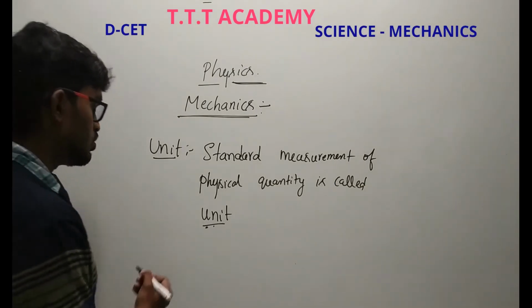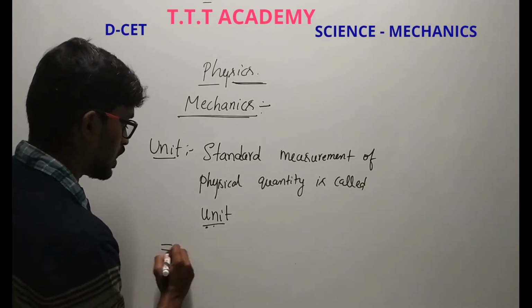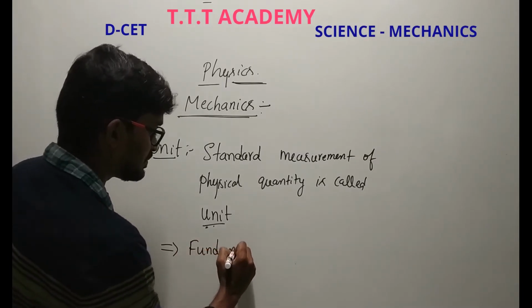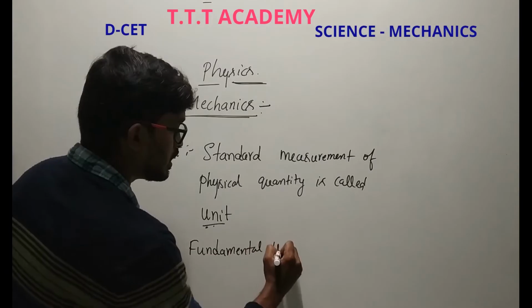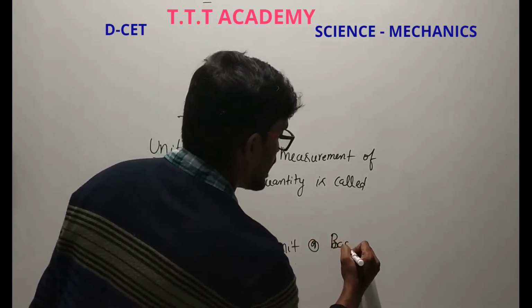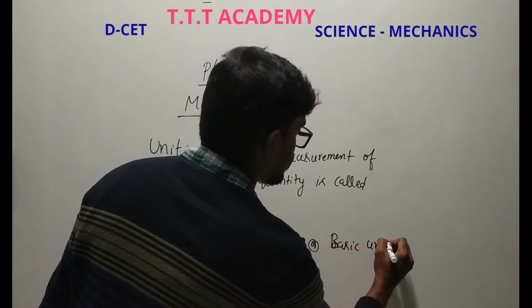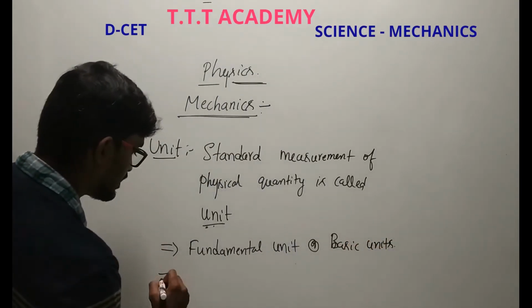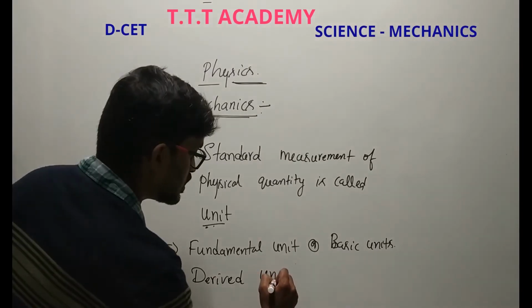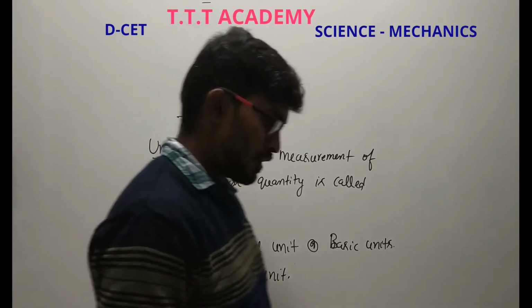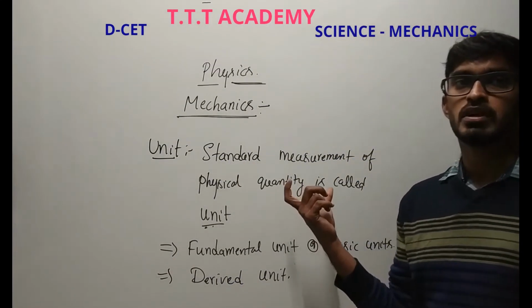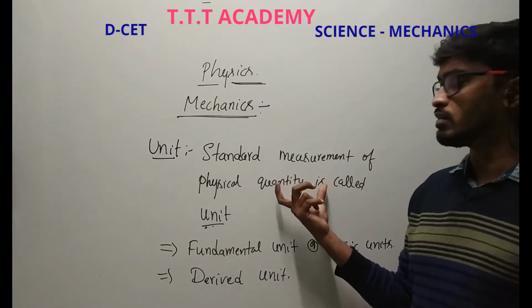We classify units into two types. The first one is fundamental units, also called basic units, and the second one is derived units. So a unit is the standard measurement of a physical quantity.